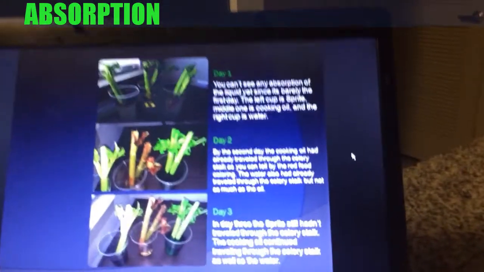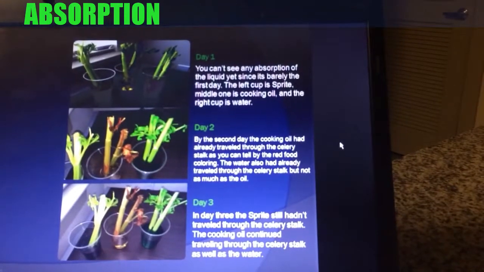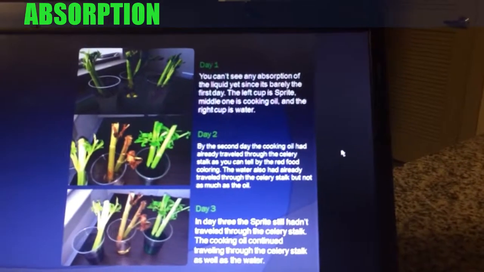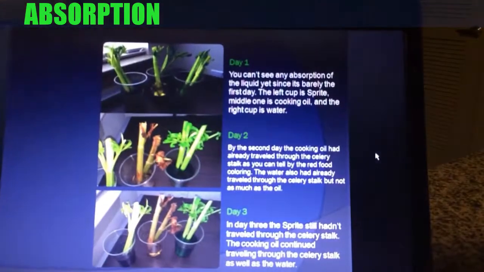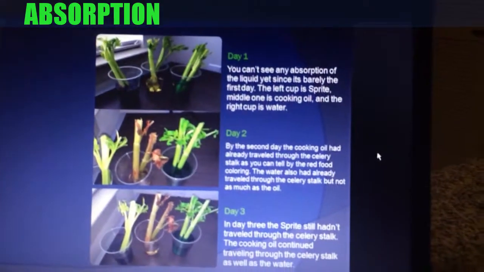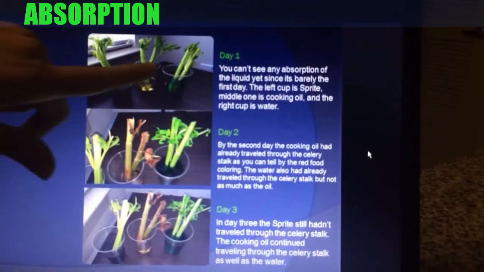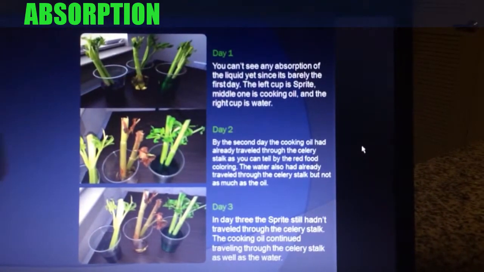So day 1, when I did my experiment, you couldn't see any absorption of the liquid yet since it was barely the first day. The left cup is the Sprite, the middle one is cooking oil, and the right cup is water.